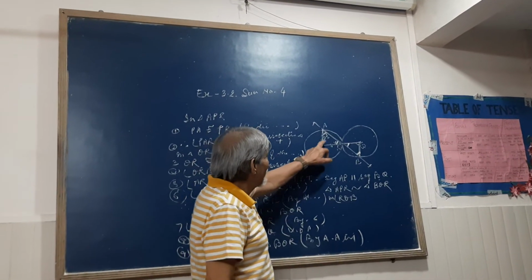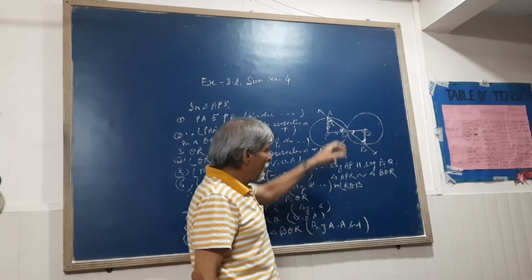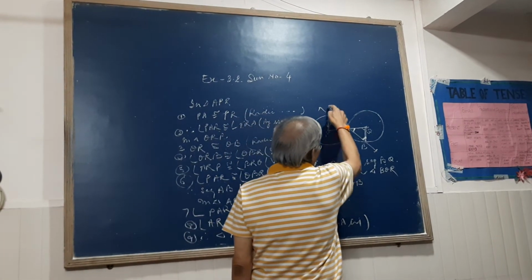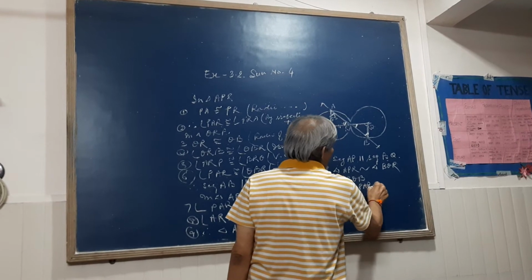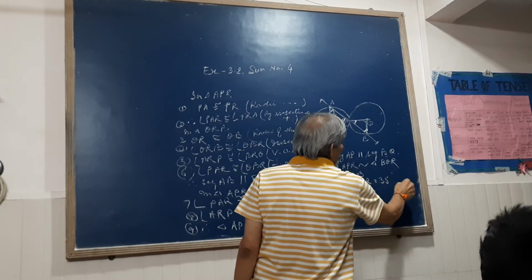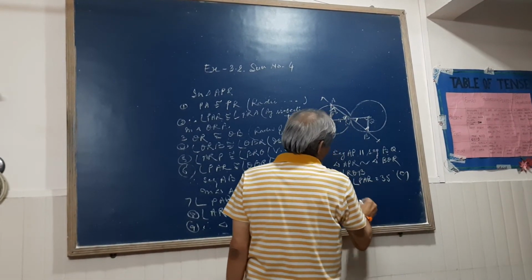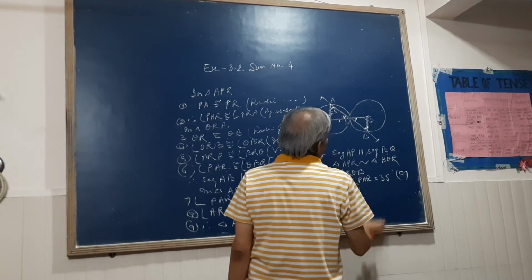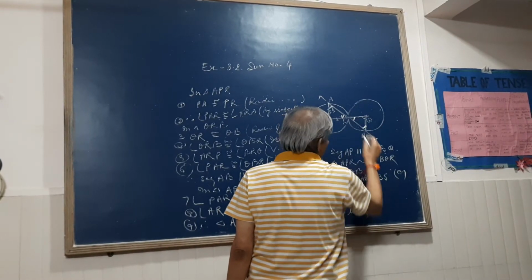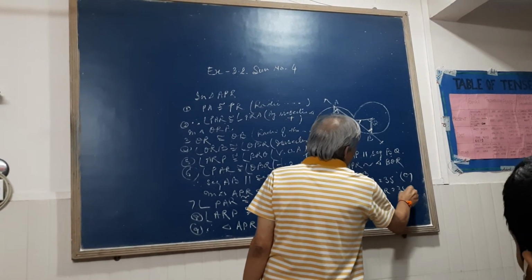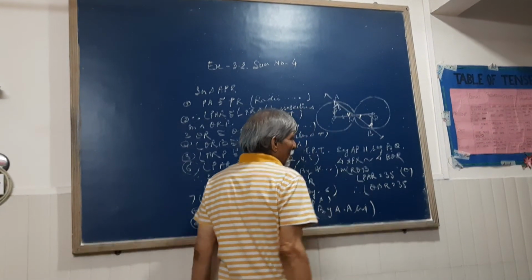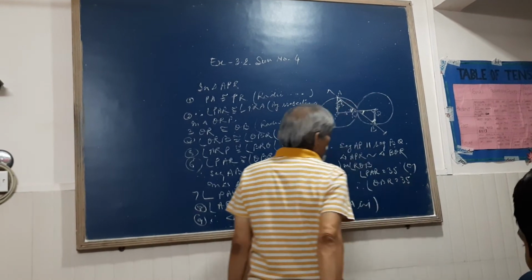35 degree. Angle PAR is 35 degree given. Therefore, angle QBR is how much? 35 degree. Okay.